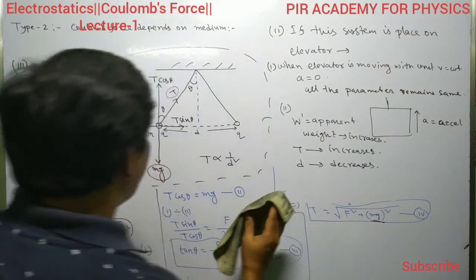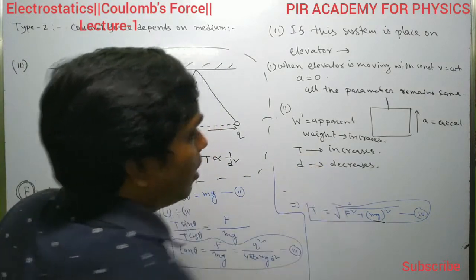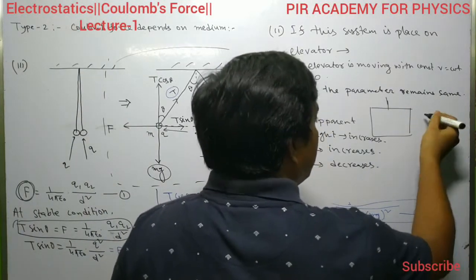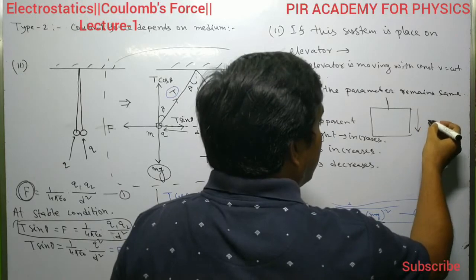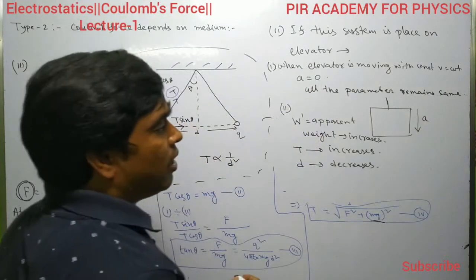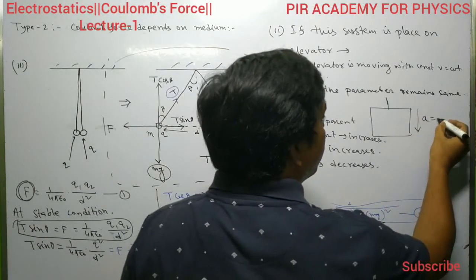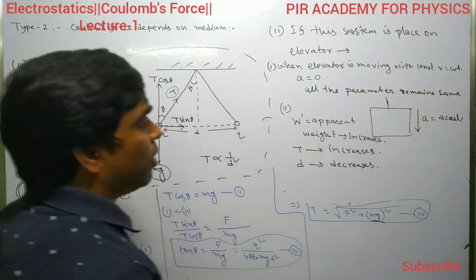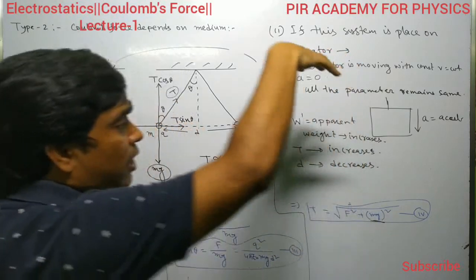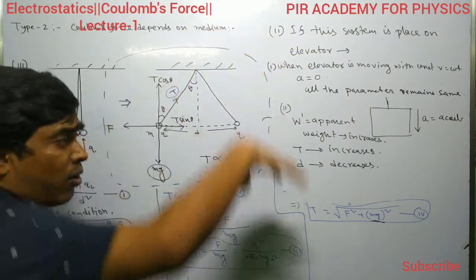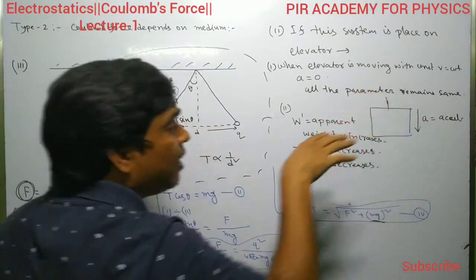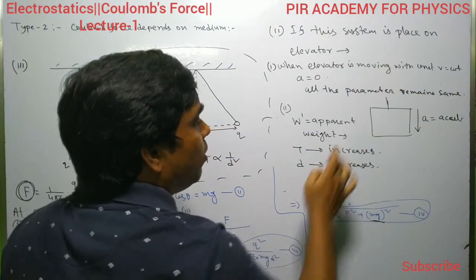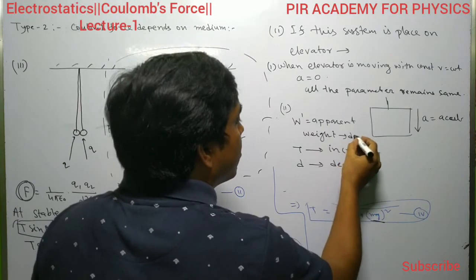When suppose this elevator is moving down with acceleration a, then what happens? If the elevator is moving down with acceleration a, then the apparent weight will decrease.